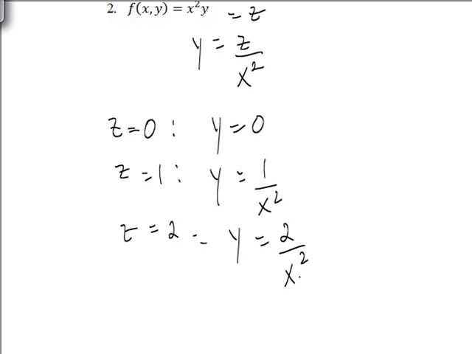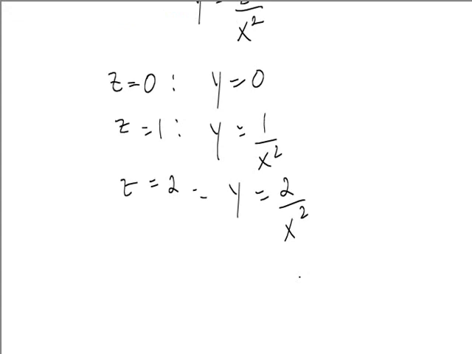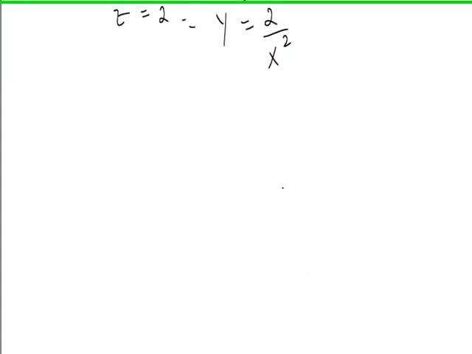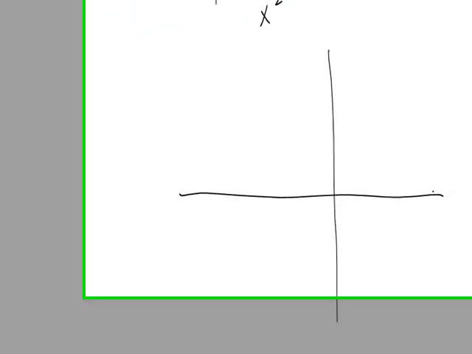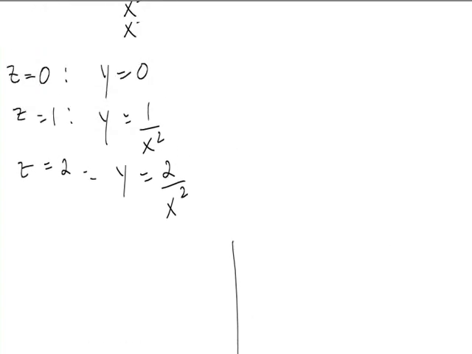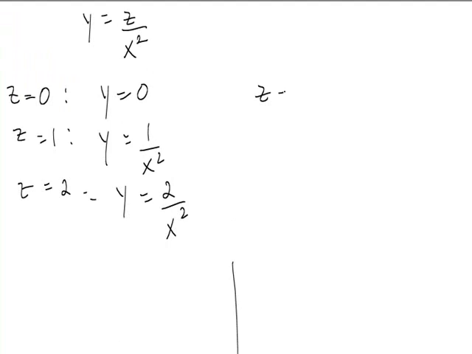We should be able to draw what it looks like. Now y equals 0 is the x-axis, so you need to draw a line. So I'll put it in blue. Let's do a minus. You should always do a minus. Let's do z equals minus 1. Y equals minus 1 over x squared.